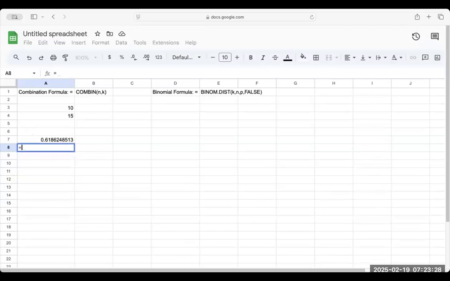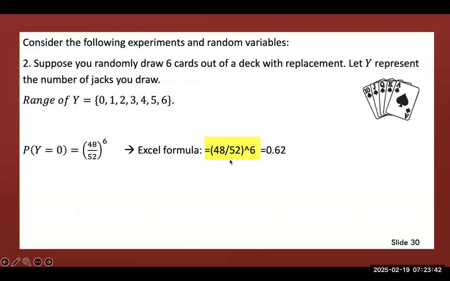I was just checking to see if it was the same as what I had on the PowerPoint. And so you can see if I round this to the 100th, it's 0.62. If you're working with a calculator, make sure that you can get 0.62 in your calculator.